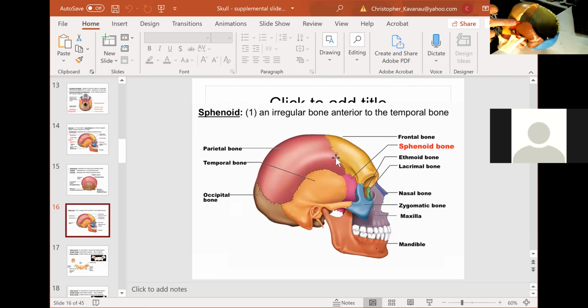And then on the other side here, again in red. And inferiorly, you can see it as well down here. All of this here is the sphenoid bone. So we're going to look at this in a little bit more detail where we disarticulate it so we can see it a little bit better.